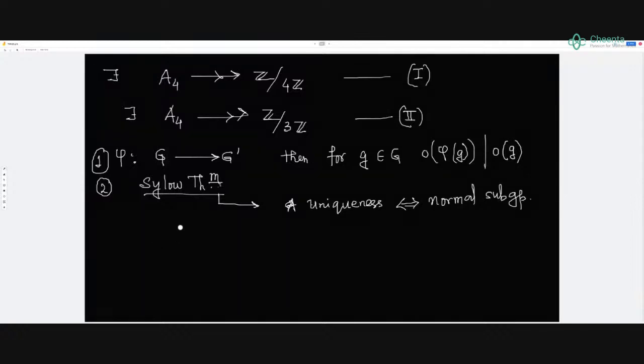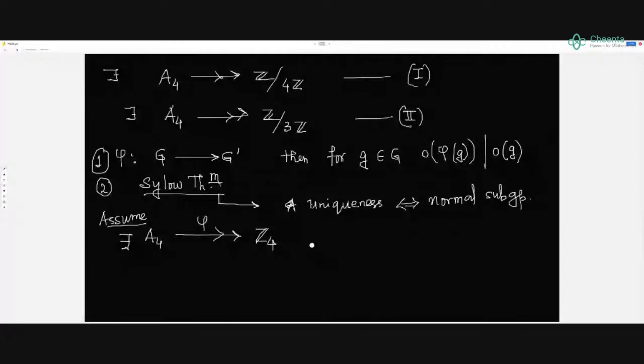So if I take the first one, let's assume that there exists a surjective map from A4 to Z4. Let's call it phi. Then this implies that the kernel of phi has order 3, right?